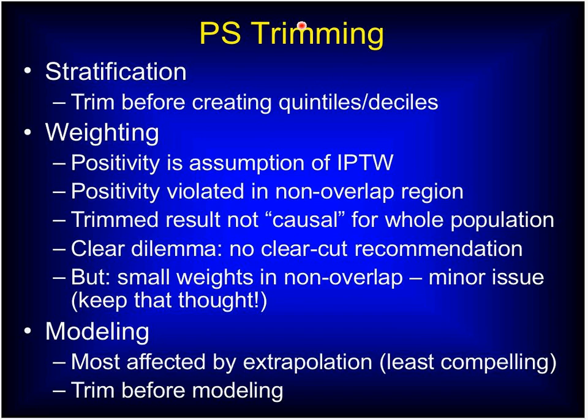Non-overlap could easily be to an extent that if you don't trim before stratification, you end up with only untreated in the lowest propensity score stratum and only treated in the upper propensity score stratum, which would lead to a very strange analysis.